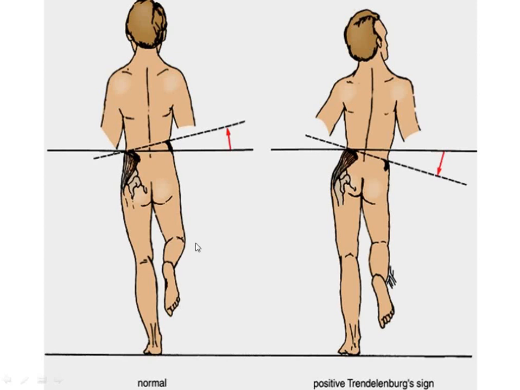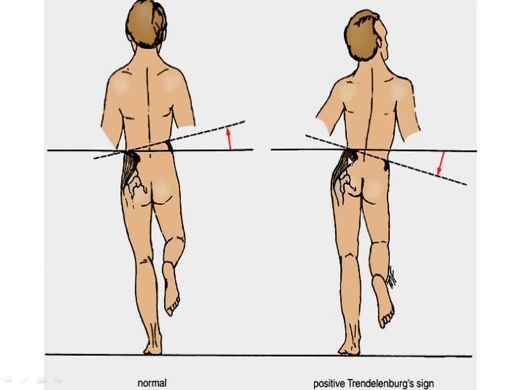Normal walking is possible because of the abductor mechanism of the gluteus medius and minimus. When the person is walking, normally, when the foot is off the ground, that side of the pelvis is raised up because of the strong abductor mechanism of gluteus medius and minimus.